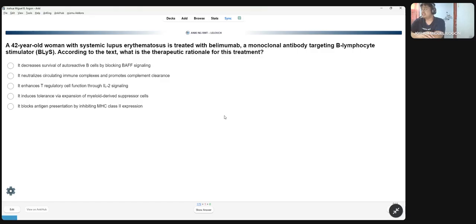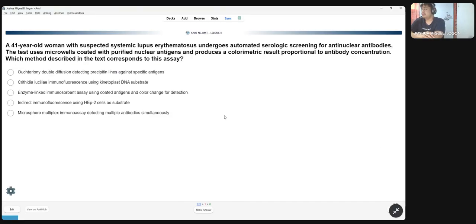So B lymphocyte stimulator decreases survival. BAFF. Automated serology screen for anti-nuclear antibodies. The test uses microscopic verified nuclear antigen and produces colorimetry. So it's colorimetry. So let's say it's not Ouchterlony, it's ELISA. Yeah.